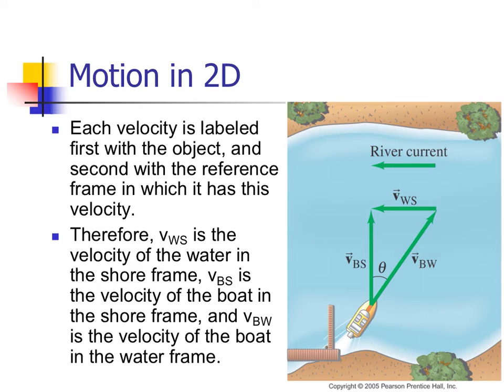And so making sure that we're talking about the velocity of the boat to the water, the velocity of the boat to the shore, the velocity of the water to the shore. That's usually how they go with it, is what to what. We'll look at trying to get that as much as possible, so that we have and can solve for those parts.